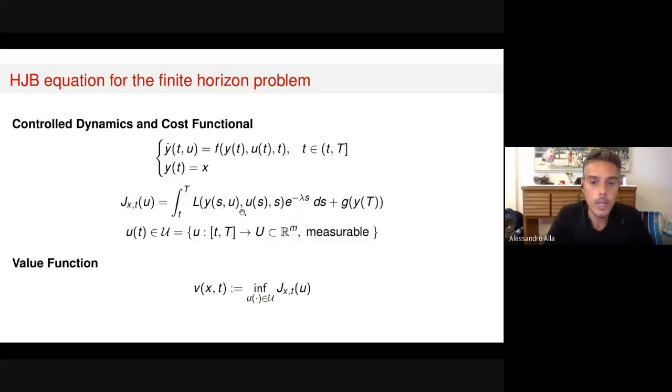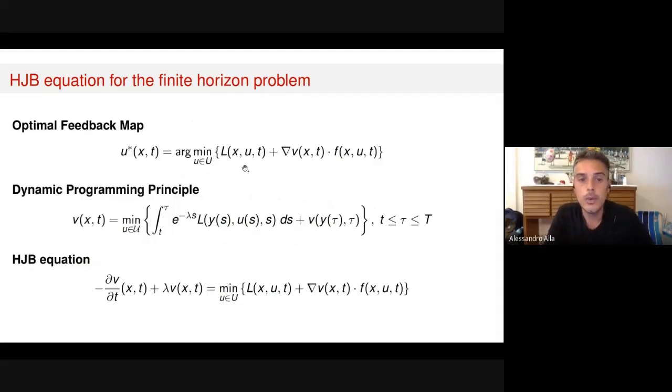Since we are interested in particular in feedback control, I also define another important tool, which is called the value function. The value function is the infimum with respect to the control of the cost functional. So we have a differential equation, a way to select the optimal control that we are going to minimize, and we have the value function. Let's suppose that we are able to compute the value function, then we are straightforwardly able to compute the control.